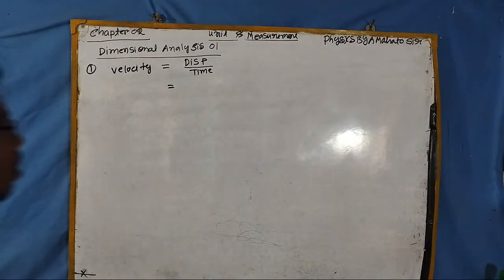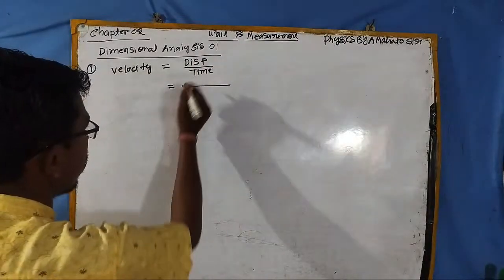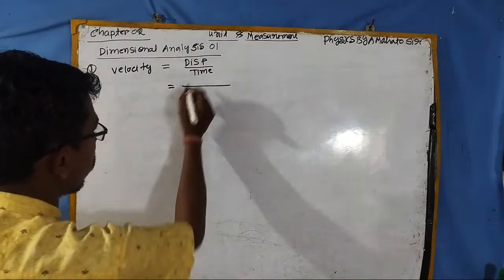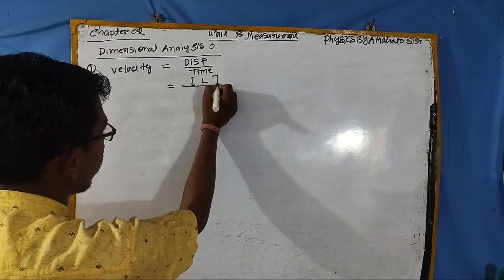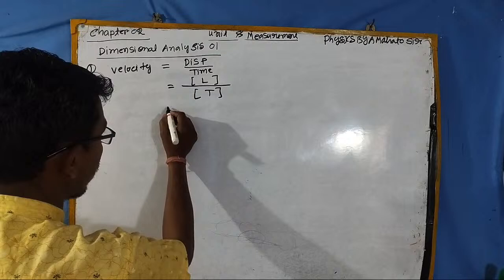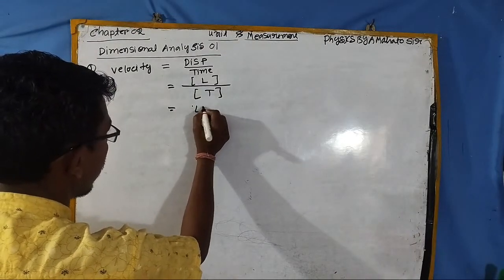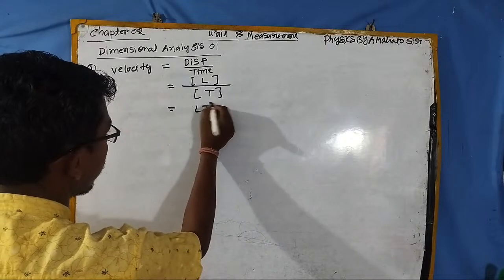So the dimension of displacement is L, and time is T. Then velocity is L T minus 1.